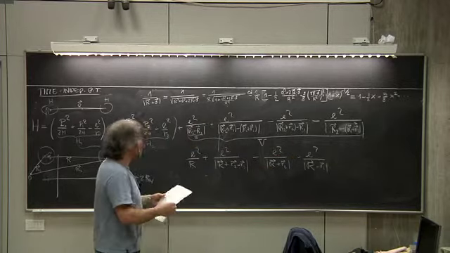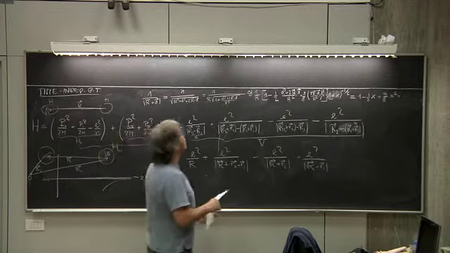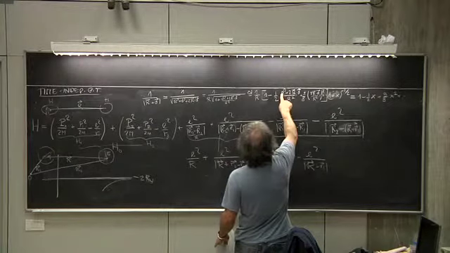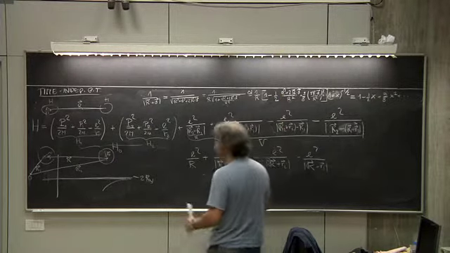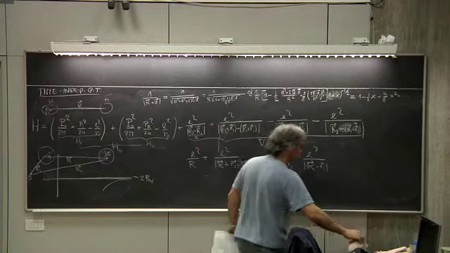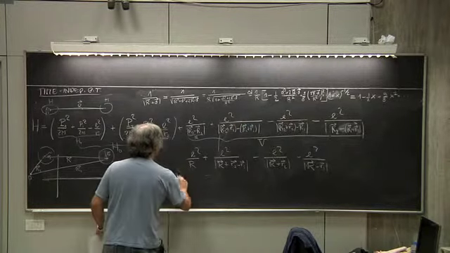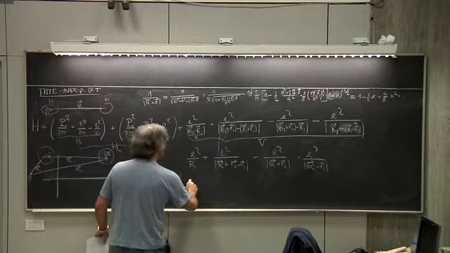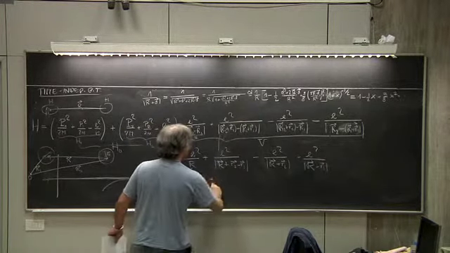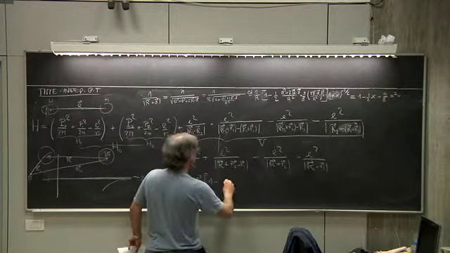So let's see. Should I do it? It's a careful algebra that must be done. So for instance, in this case, you have d equal to r2 minus r1. Okay, let's try to do it, at least to see the effect. So here I would have e squared over r, no problem. Here I would get plus e squared over r, times 1 minus, d is really r2 minus r1.